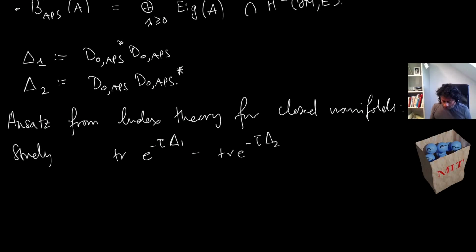Right? So the reason we do that is because, remember, this is the index. Okay? So this is the index from the theorem that we had before. If these are trace class operators, then this is the index.